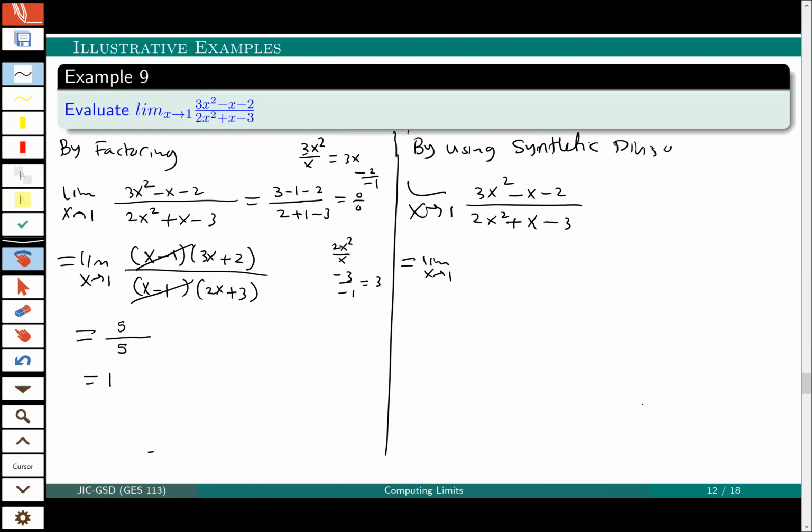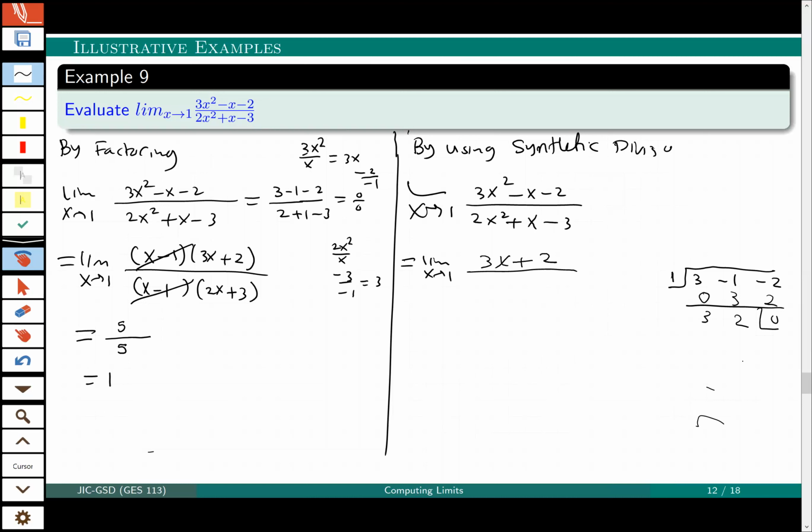If I divide the numerator by 1, I have 3, minus 1, minus 2. 3 plus 0 is 3, 1 times 3 is 3, that is a plus 2, 1 times 2 is 2, so the remainder is 0, and the result of the division will be 3x plus 2.